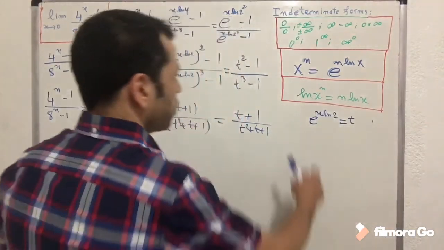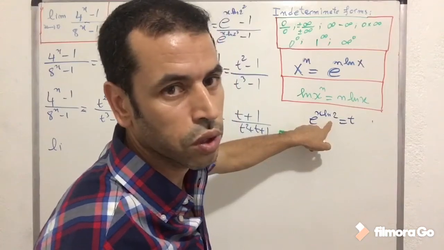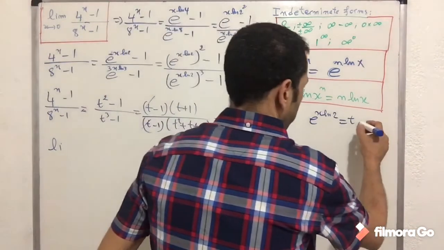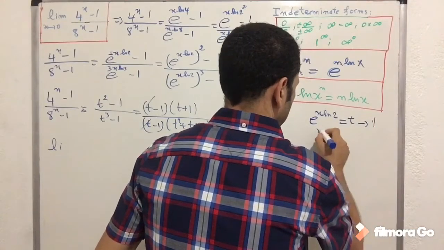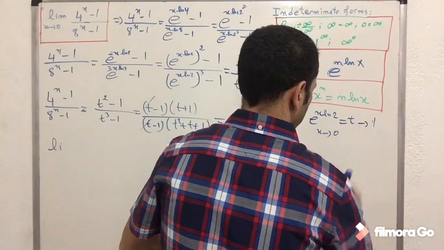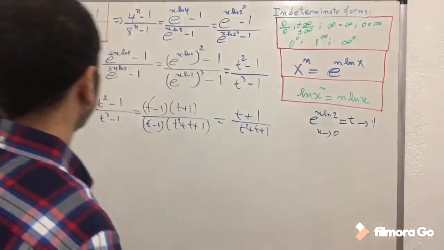You plug in 0 multiplied by natural log 2, which equals 0, and exponential 0 is 1, so t is going to 1 as x is going to 0.